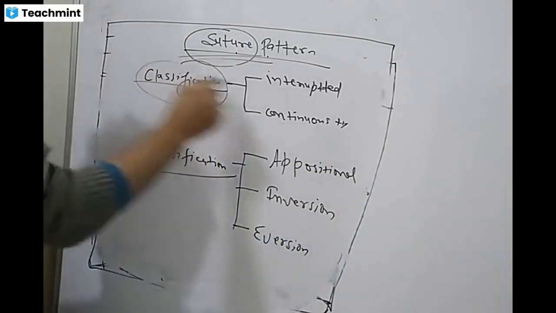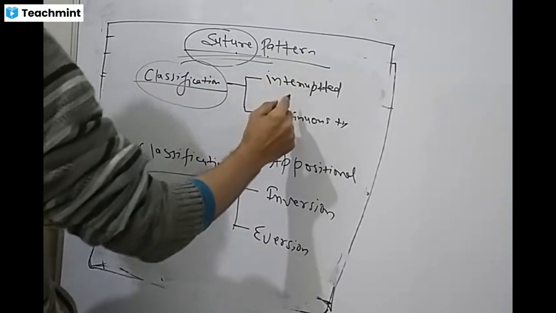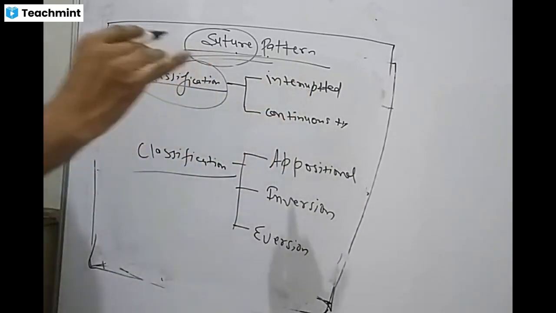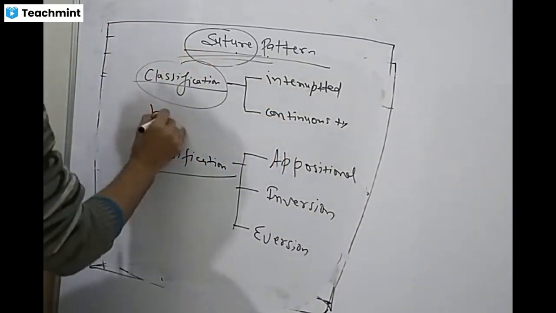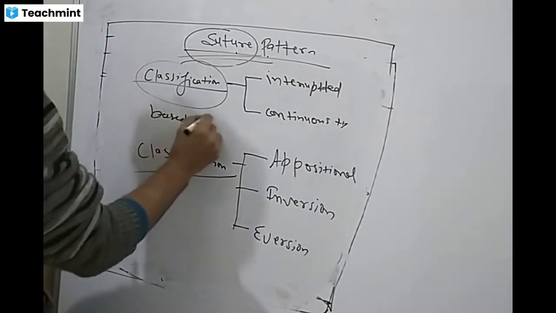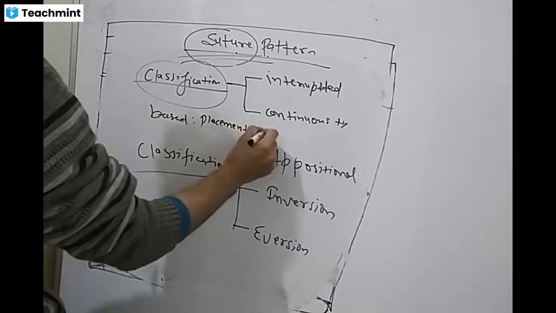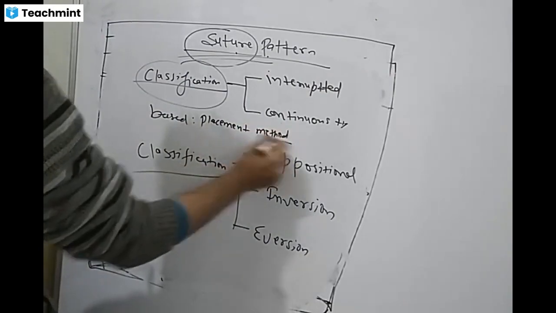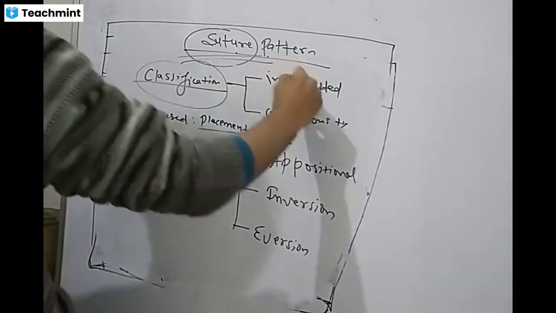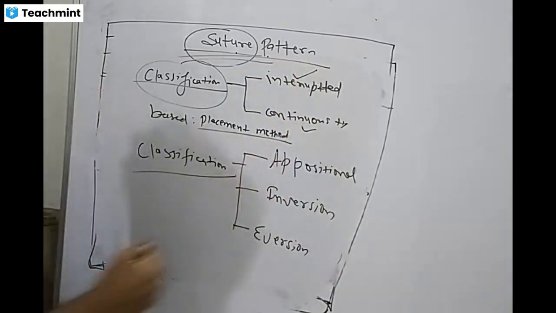This classification, interrupted or continuous, is based on the placement method: how you place your suture material, either interrupted or continuously.